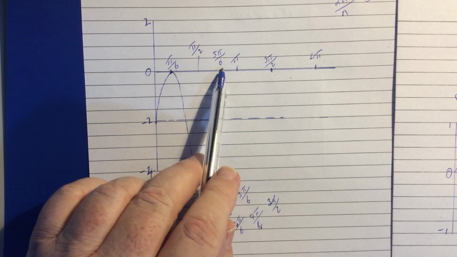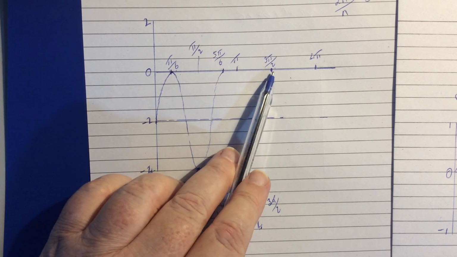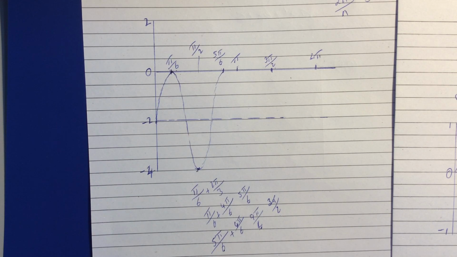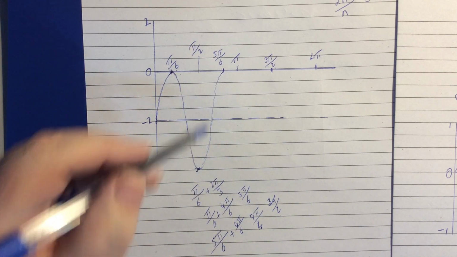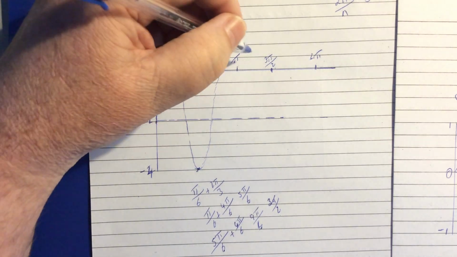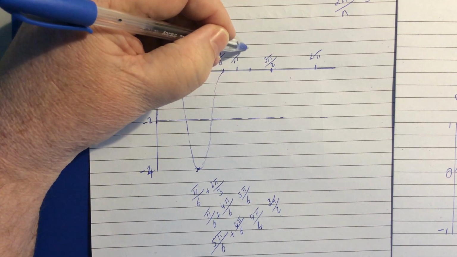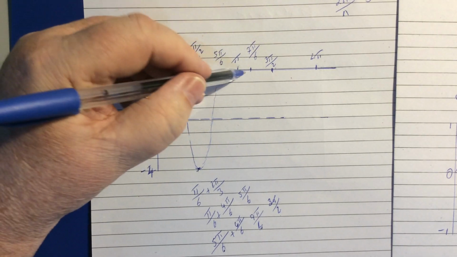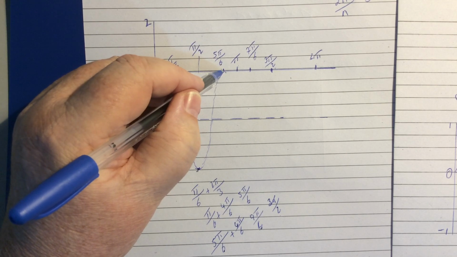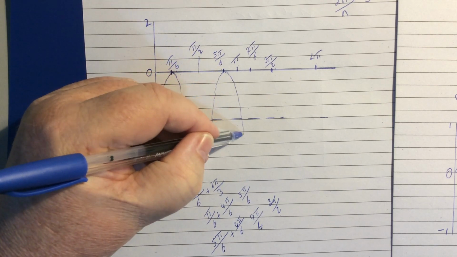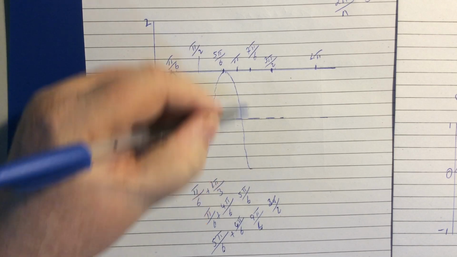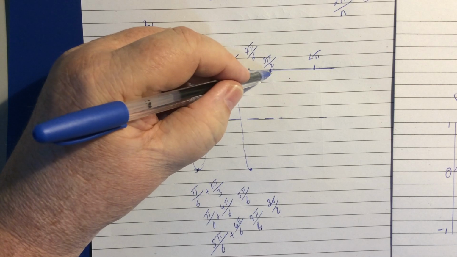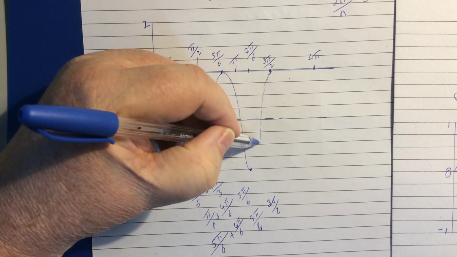And the midpoint between 5 pi on 6 and 3 pi on 2, it's easier if you work this out using pi on 6, but it's going to be 7 pi on 6, which is approximately here. 7 pi on 6. And so I can draw this graph down to here, and this value here is 7 pi on 6, and then back up here to 3 pi on 2.